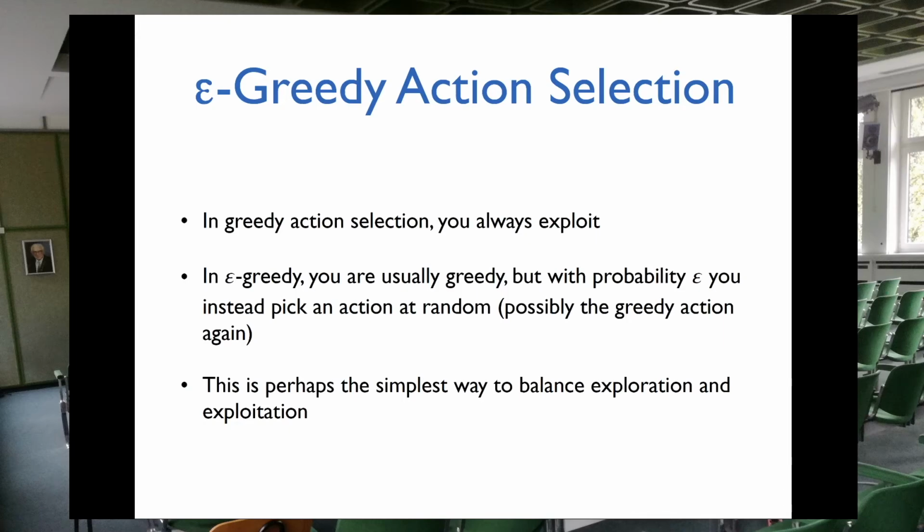That's why Epsilon-greedy is by far the most popular action selection strategy when you program or apply reinforcement learning. So this is a very, very common action selection policy, Epsilon-greedy.